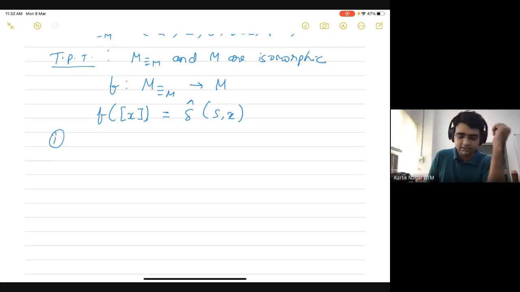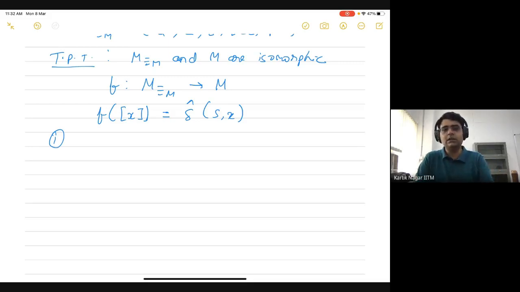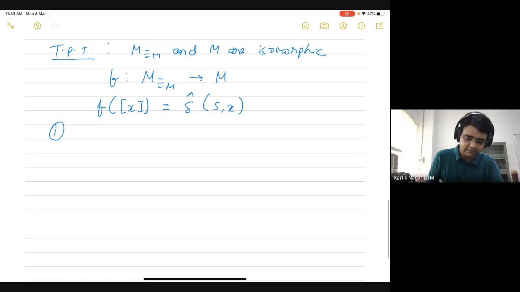So how do we show that a function is one-to-one? It should basically relate different elements of the domain to different elements of the codomain. So let's say that it relates two elements of the domain to the same element of the codomain.